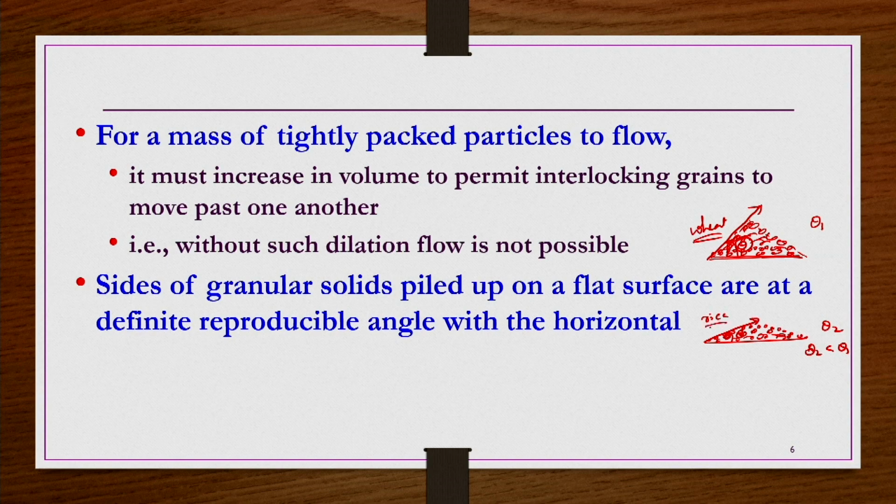I am not saying this is exactly rice and wheat, that the rice angle would be smaller compared to the wheat angle, but for example, say you have piled up wheat on a horizontal surface, and you have poured rice on a horizontal surface. If you take their sides and try to measure the angle with the horizontal in either case, since the material is different, they may have different angles. Okay. But as long as the material is the same, this angle is going to be the same.